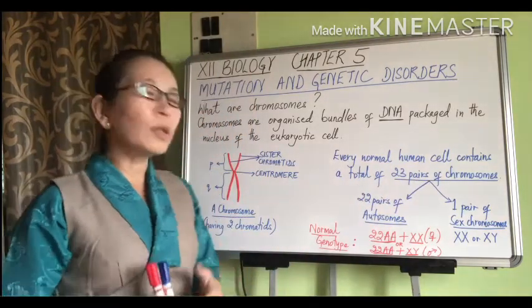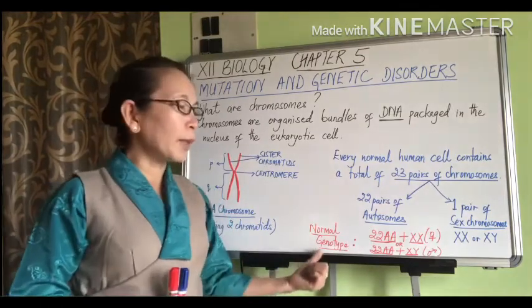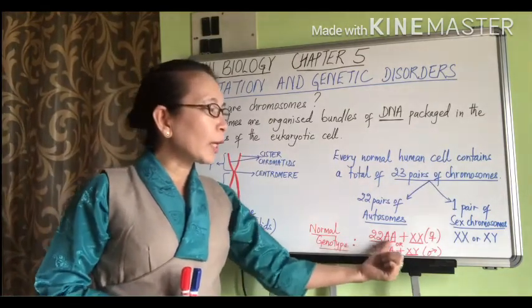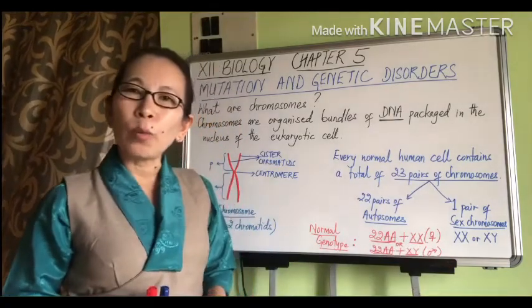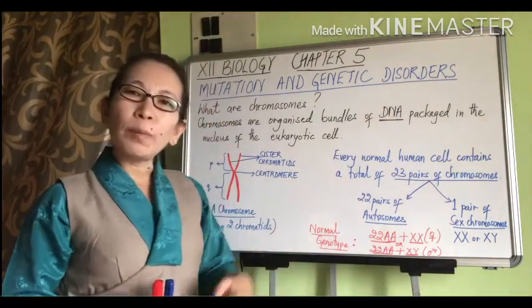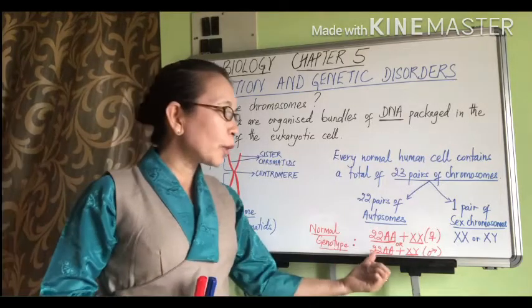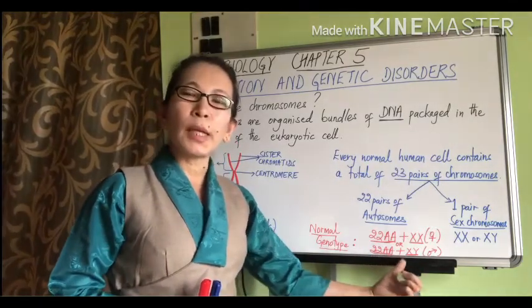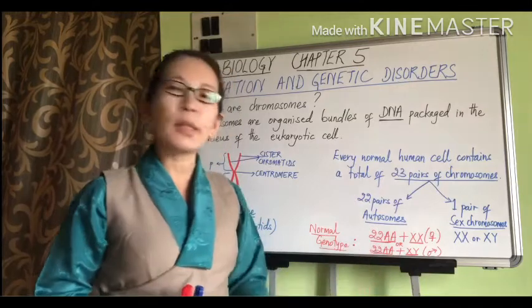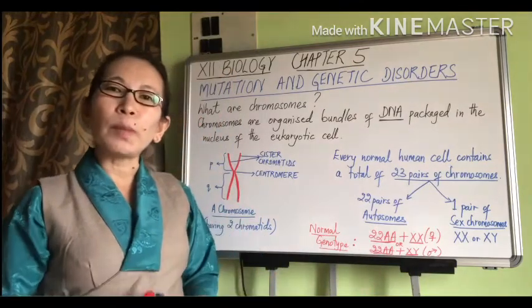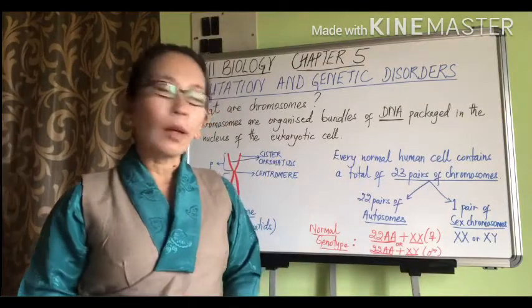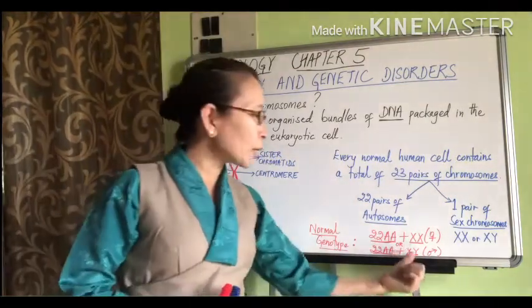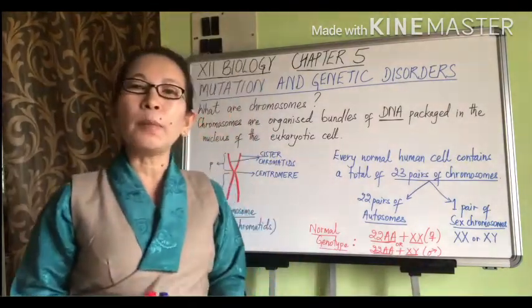And for a normal human, the genotype becomes 22AA plus XX if it is a normal female, or for a normal male, 22AA plus XY, where AA denotes the autosomal pairs, and XX is the sex chromosome pair in females, and XY is the sex chromosome pair in males.